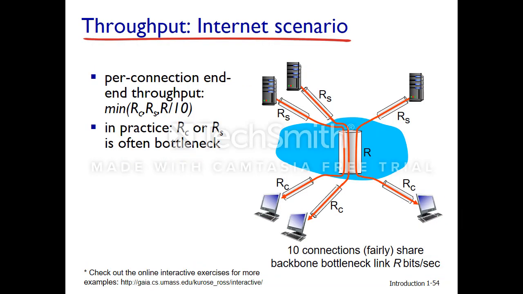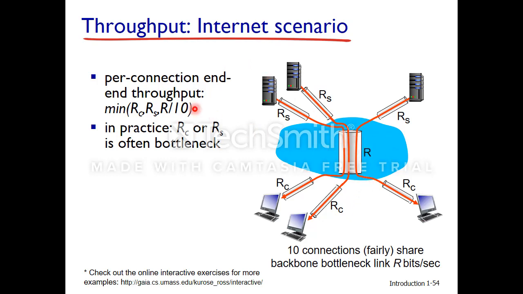So let's say we have a scenario that is typical on the internet. We have several clients, let's just say 10 for argument's sake, connected to several servers, let's say maybe 10. Then that link in the network core here is now shared by all those 10 connections.